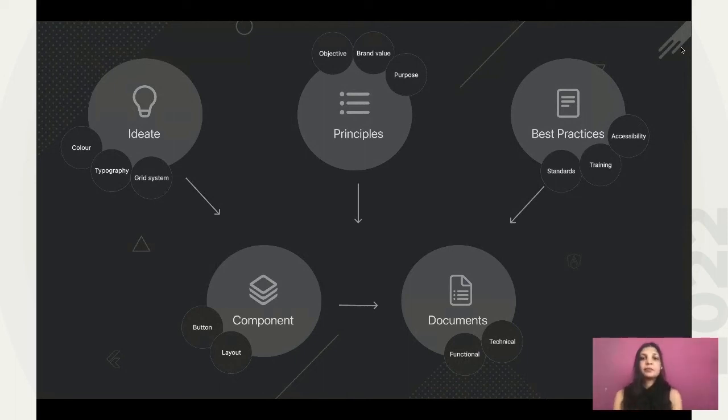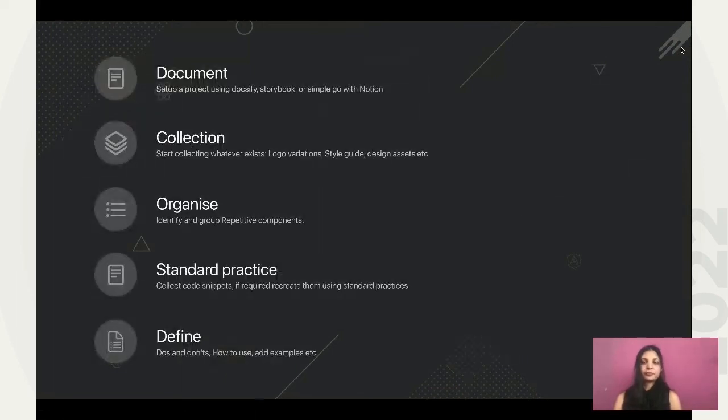We define the principle, the objective, brand values, and all. And then we also set up the standard practices, where we build training modules so that the communication flows well. And based on all these, we create components, along with the documents. Documents could be fundamental documents, technical documents, and all.